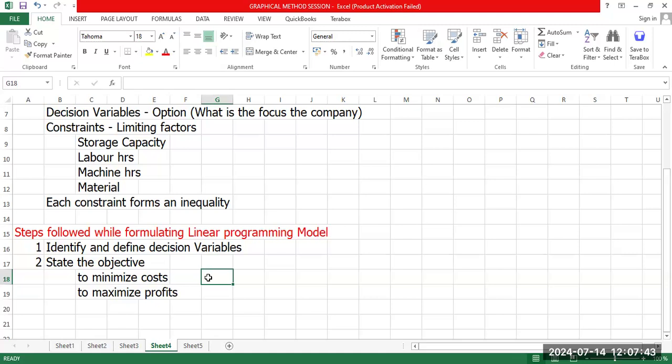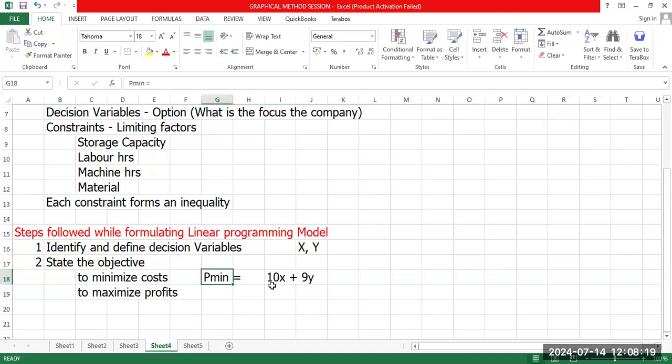So if it is to minimize costs, how are you going to state your objective? If at all you had, let's say, X and Y as your decision variables, when you're stating the objective, if it is to minimize, you can say P max, P min. P min will be how much you want. We shall see how we can formulate this, but this is just an illustration.